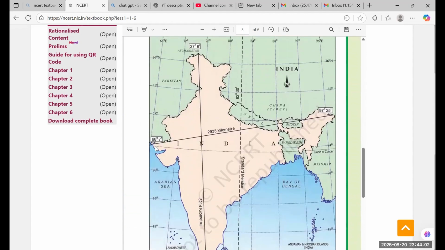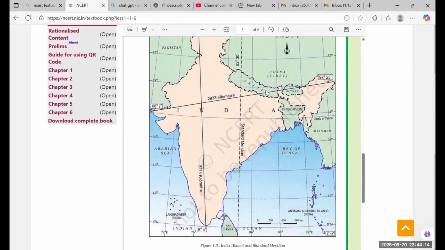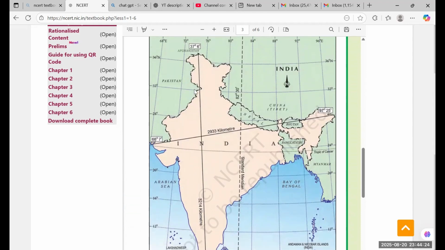Children, just see that the distance from north to south, which is written here as 3214 kilometer, and the distance between east to west, which is mentioned here as 2933 kilometer. But if you try to calculate the distance in degrees from 68 to 97°25', it comes out to be 29 degrees.